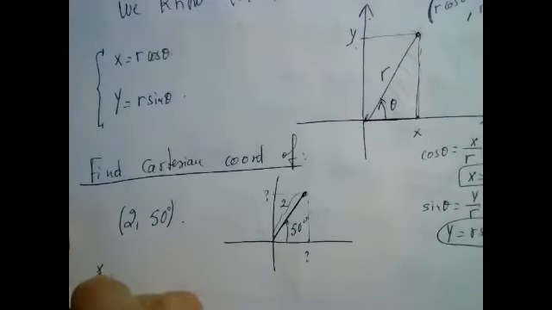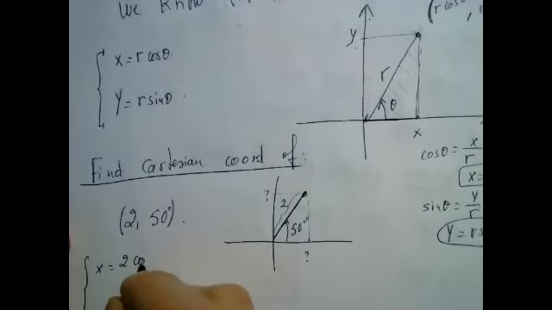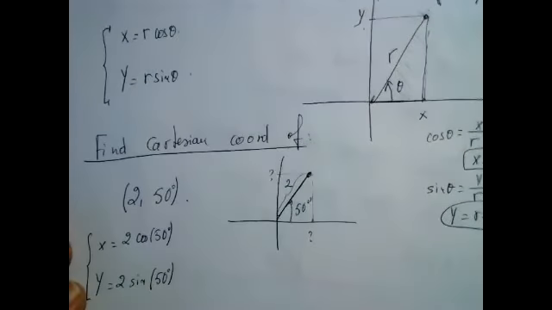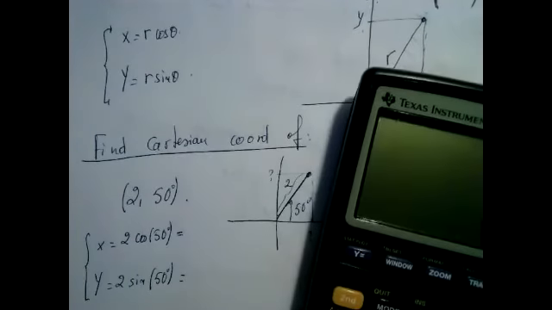So I use the formula verbatim. X is 2 cosine of 50 and y is 2 sine of 50. So at this stage, please start picking up your calculator and help me out. All of you, not 1 or 2.